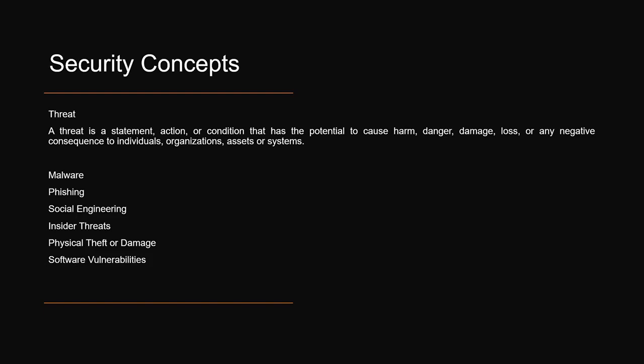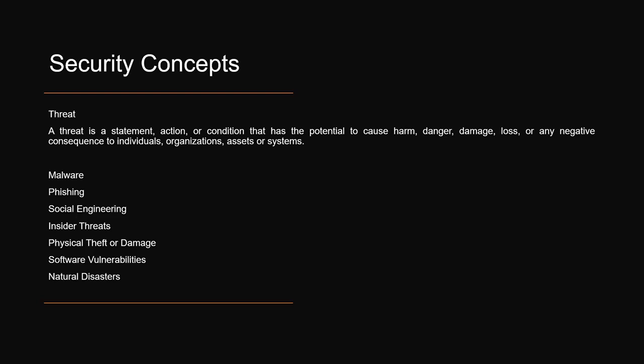Software vulnerabilities. These are the weaknesses or security flaws in application software or operating systems which can be exploited by attackers to gain unauthorized access or compromise data. Natural disasters.